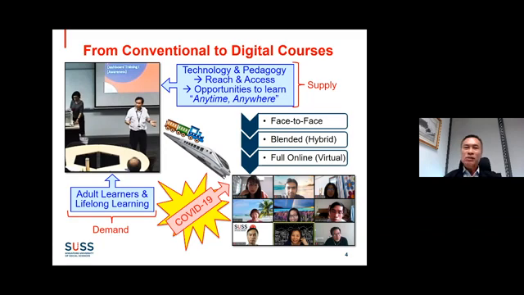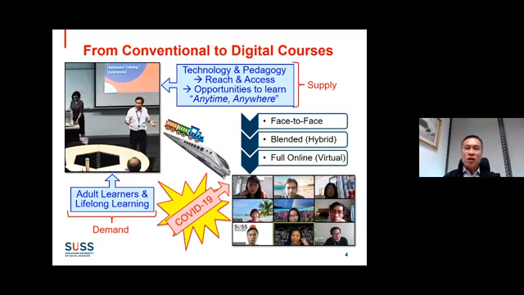course. Now you notice that for centuries, the teaching and learning space is a physical space. Teachers and students come together in a physical class. Teachers teach, students learn, and that's the way it has been for centuries.